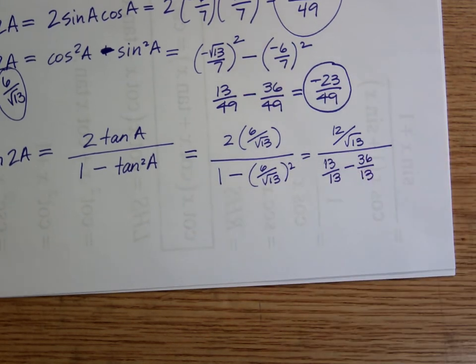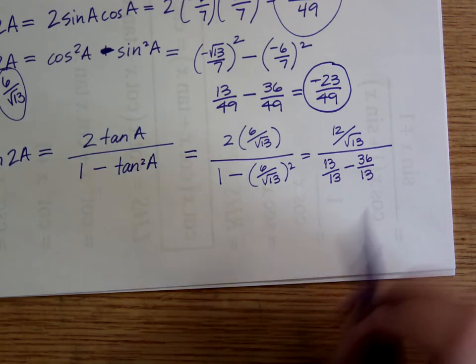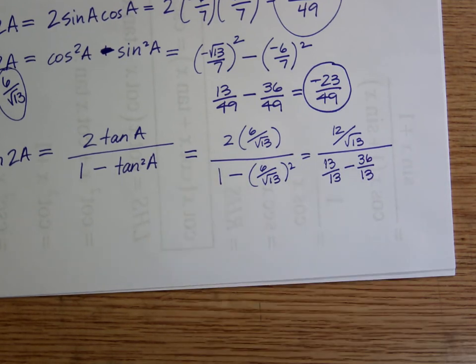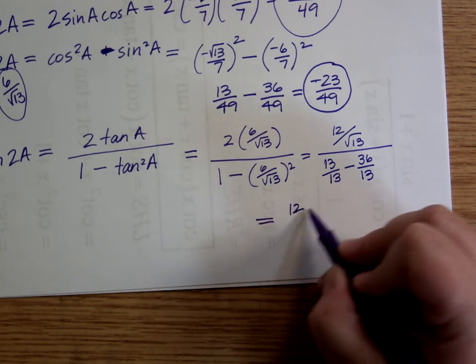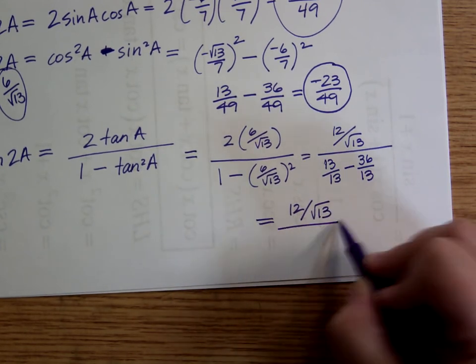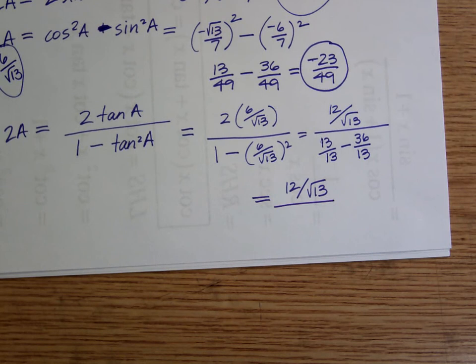Okay, so 13 minus 36 is negative 23. So I have probably done something wrong, it's kind of looking like. Let's see. Nope. That's okay. We're still going to be good.